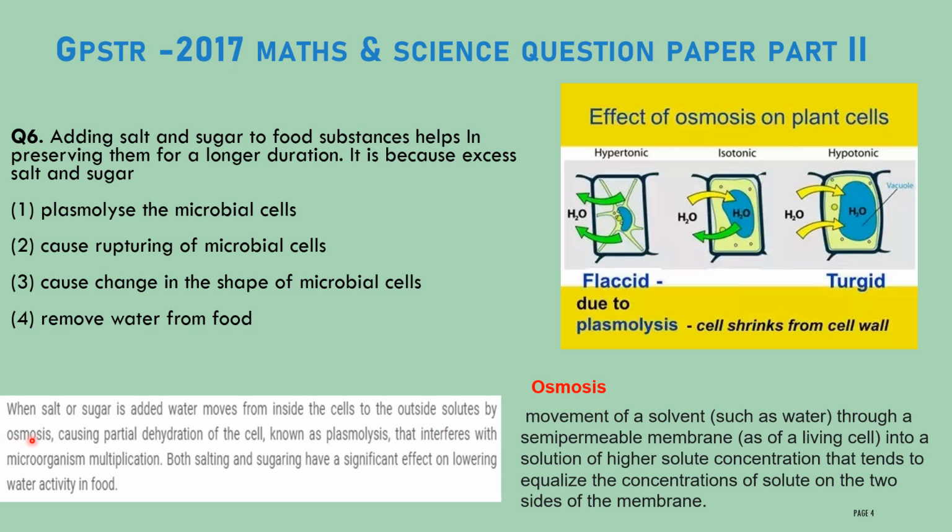If you add salt and sugar to a particular food, then through the process of osmosis the water will come out, causing partial dehydration. Dehydration is nothing but removal of water. This process is known as plasmolysis.